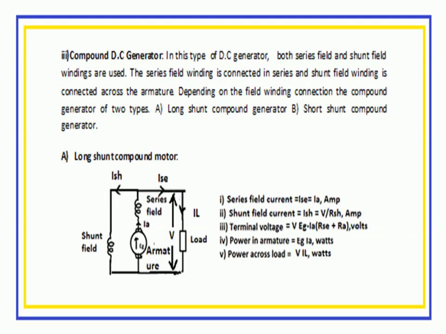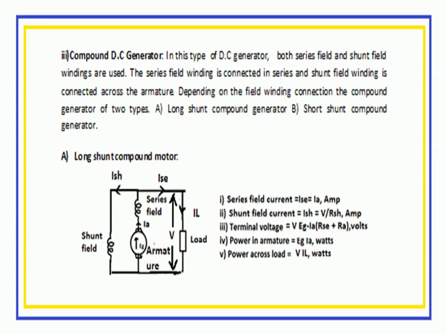Number 1, long shunt. The shunt field winding is connected at the end of the series field winding. One end is across the armature, and the other end is connected across the series field winding. Such a generator is referred to as a long shunt compound generator.